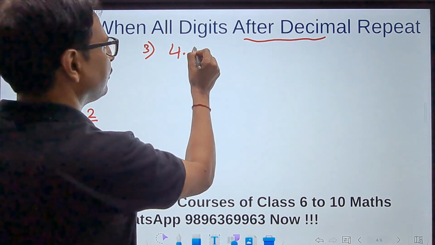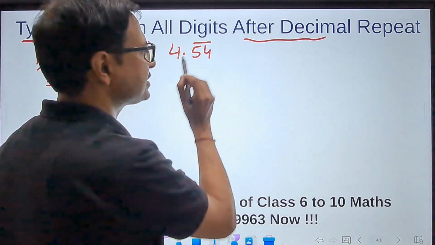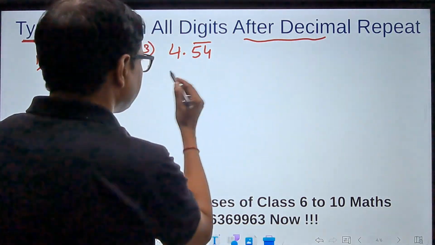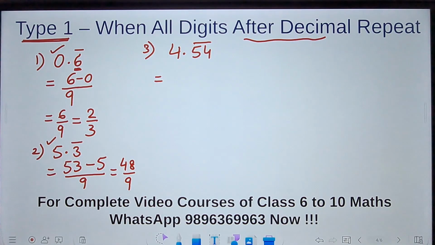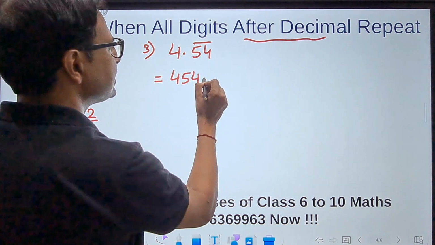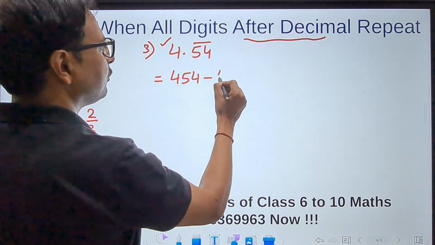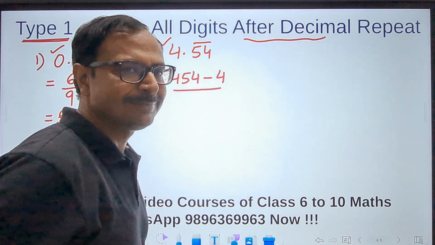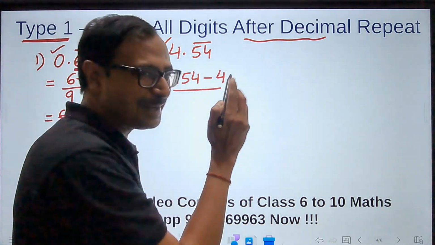4.54 bar. Now here 2 digits are repeating. Let's apply the rule again. So forget the decimal and forget the bar. You get 454 minus what? The number before the decimal 4 and divided by what? The number of digits repeating is 2, right?